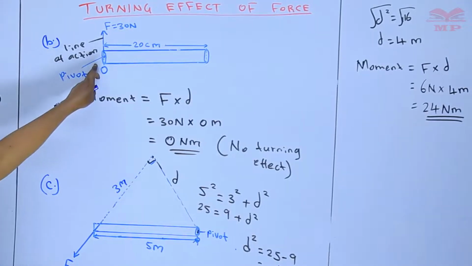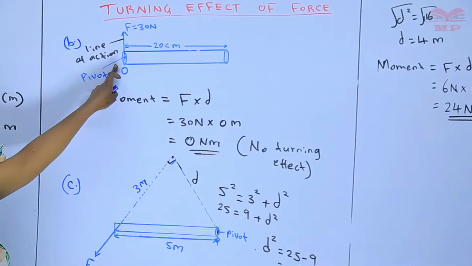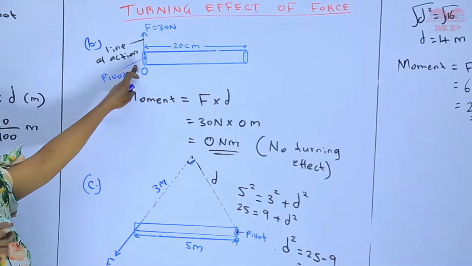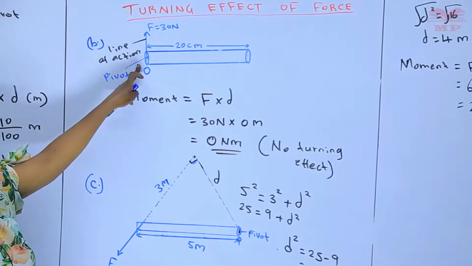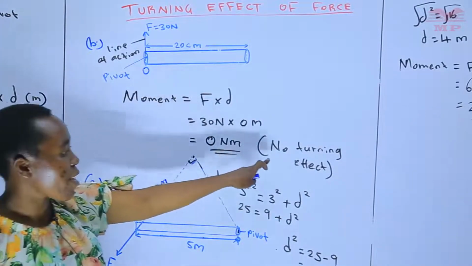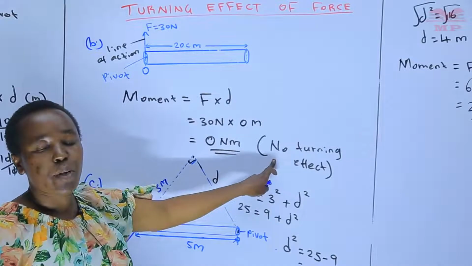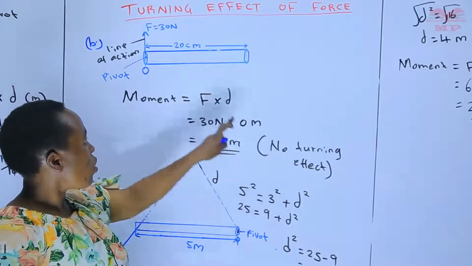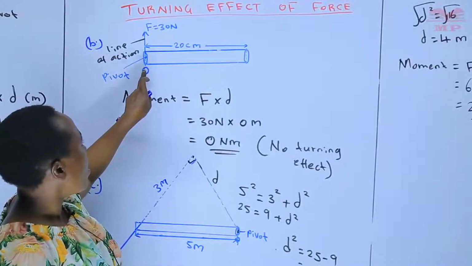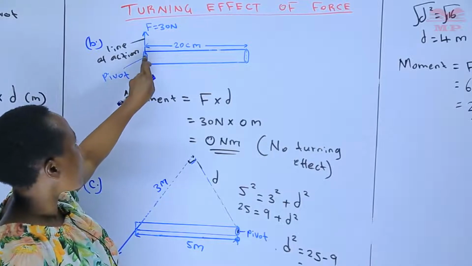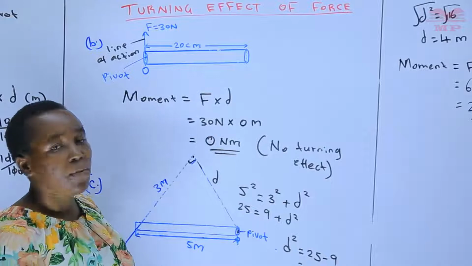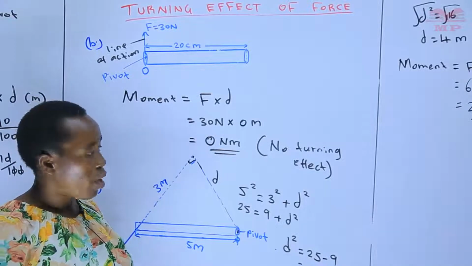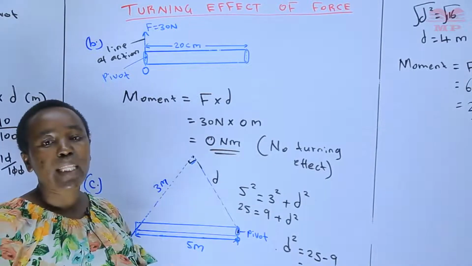Again, if you look at this example here, when you apply force on the fixed point, there is no turning effect that is going to be obtained. So if the force is being applied at the same point where the pivot is, then we are going to have a moment of 0, meaning that there will be no turning.